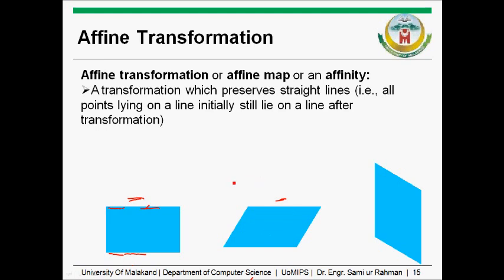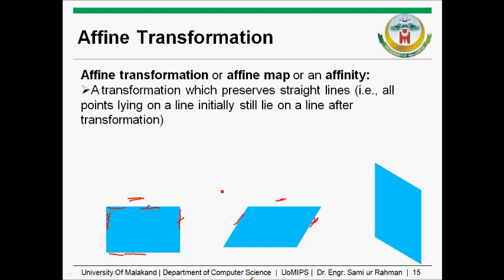transformation. Okay, similarly, you can take this line and this line, these are parallel in this object. So this line is this one here, and this line is this one here, and these are parallel.